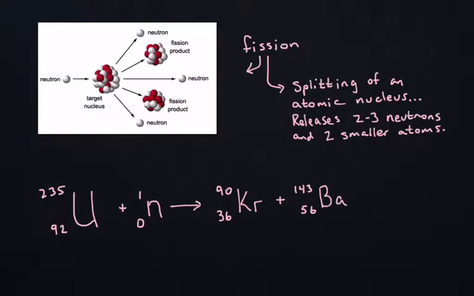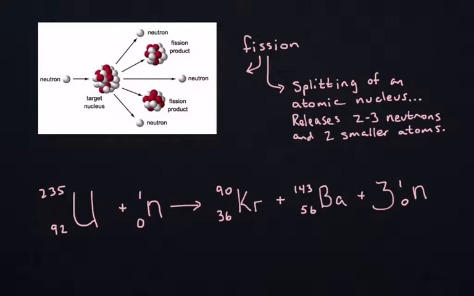Now, look at the atomic masses on the left. 235 plus 1 is 236. And the ones on the right, 90 plus 143, is 233. So what about the extra mass?